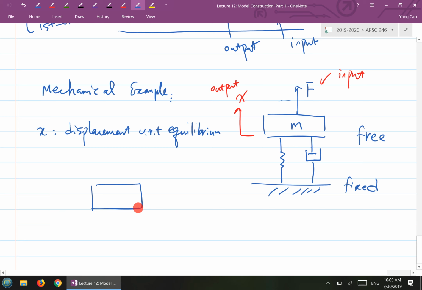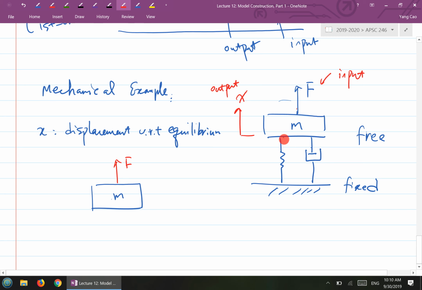First, draw the free body diagram, and then apply Newton's second law. So this is M here. Then we draw all of the external forces on this M. Apparently you have F, the external force, pointing up. That's the reference direction for the external force.